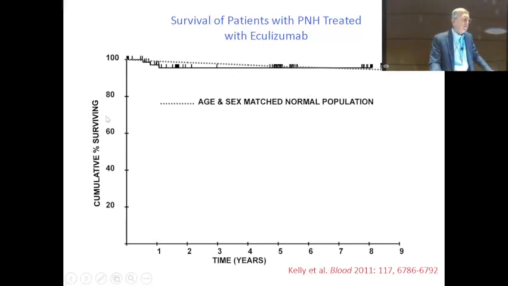So this is cumulative survival in patients, normal control shown in the dotted line, in patients with classical PNH. And you can see that the survival is the same in PNH patients treated with eculizumab as in the age and sex matched control.